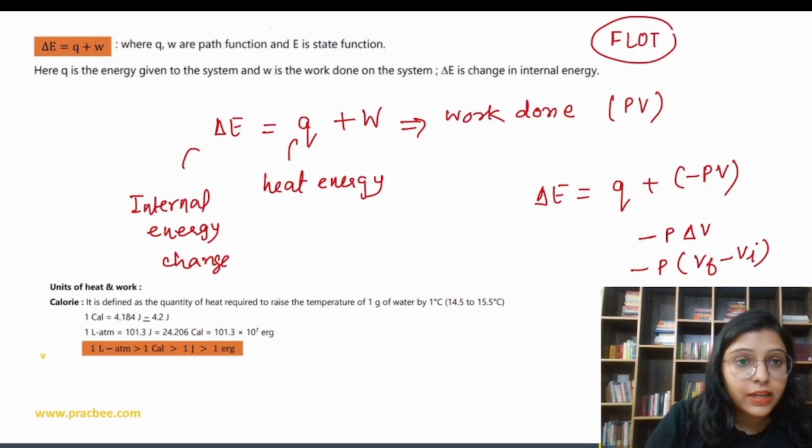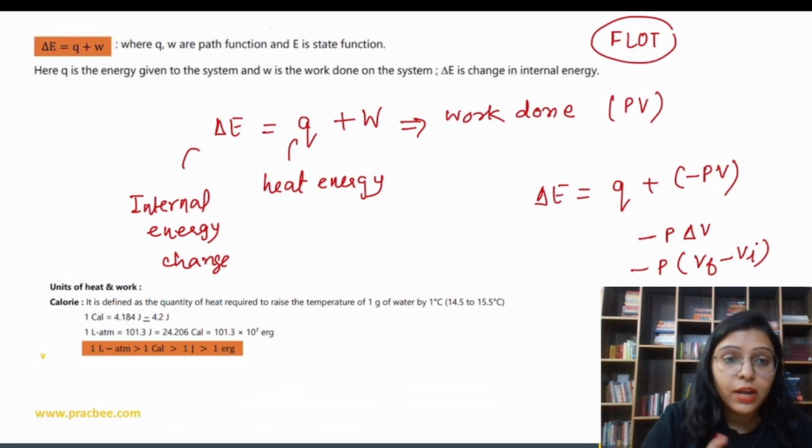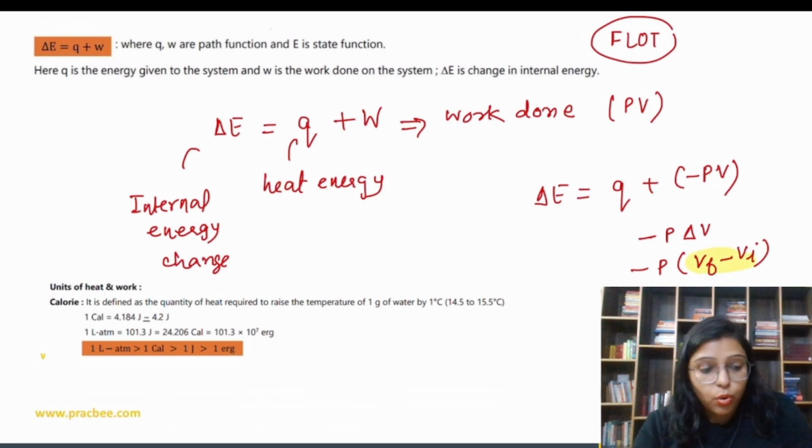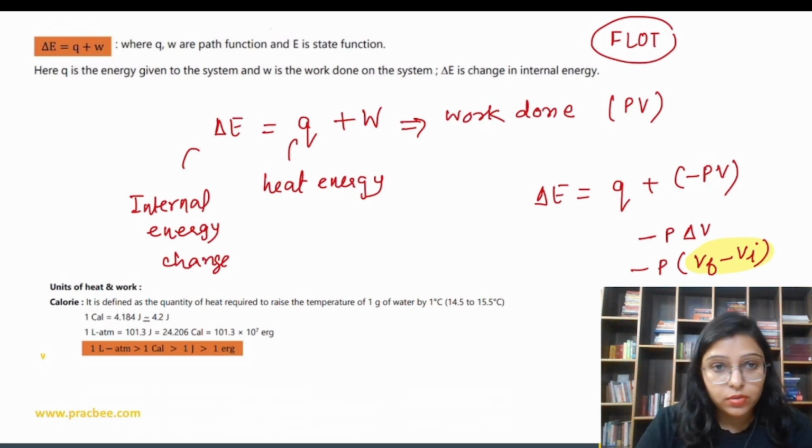If final volume is greater than initial volume, then it is going to be the expansion work and the work is going to be negative as per the sign convention. And if final volume is less than the initial volume, then this whole term is going to be negative, and negative becomes positive. Then that is going to be the compression work, right?